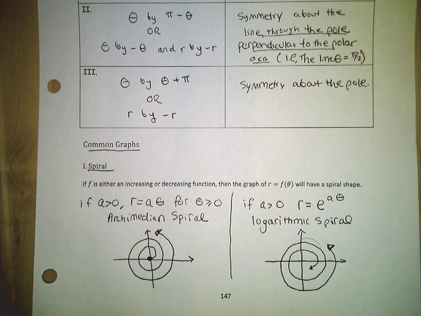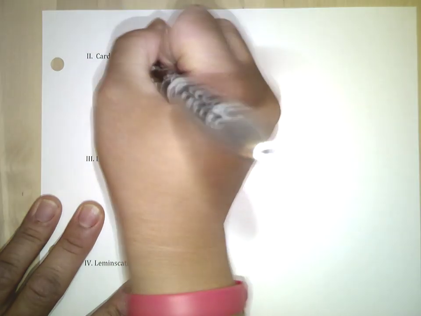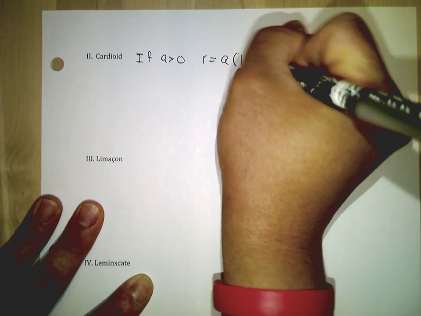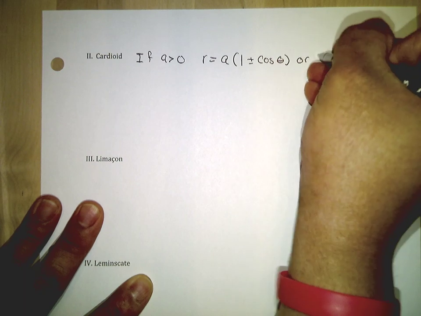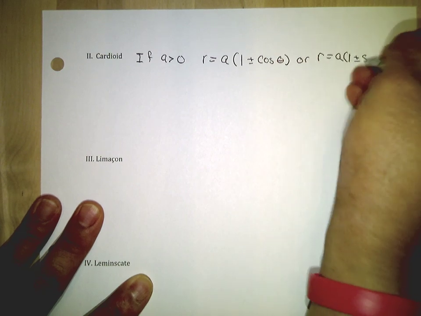Let's look at another common polar graph, the cardioid. If a is greater than 0 and r is equal to a times 1 plus or minus cosine of theta, or r is equal to a times 1 plus or minus the sine of theta, then you will have a cardioid.